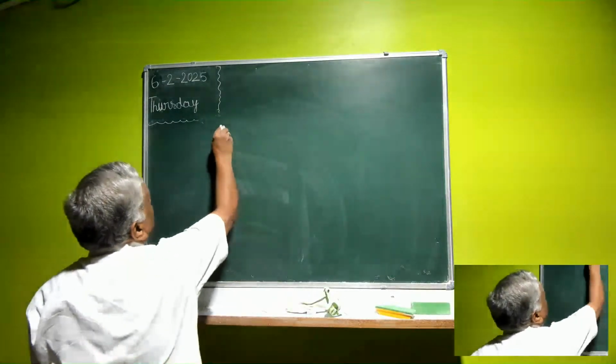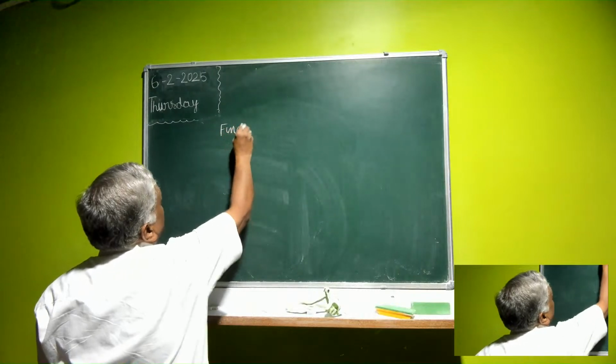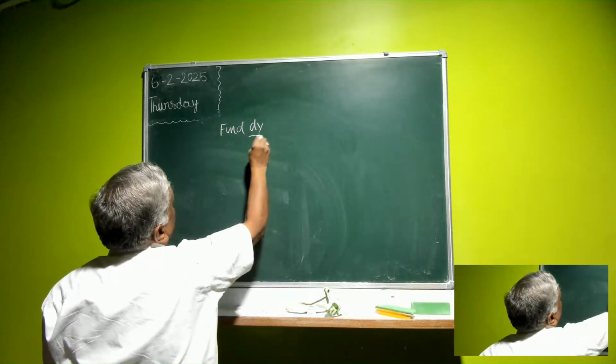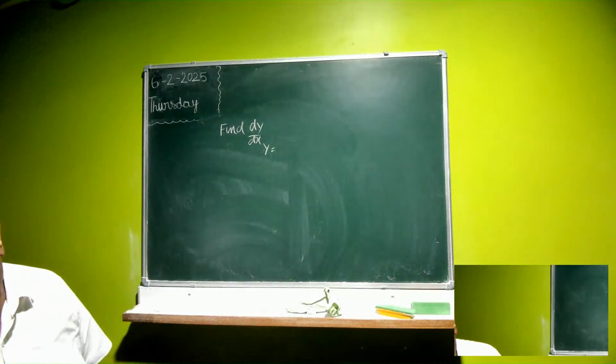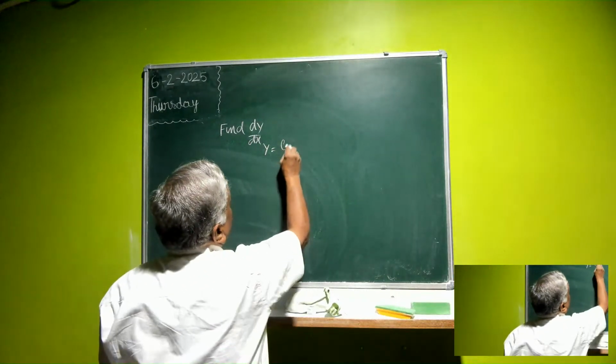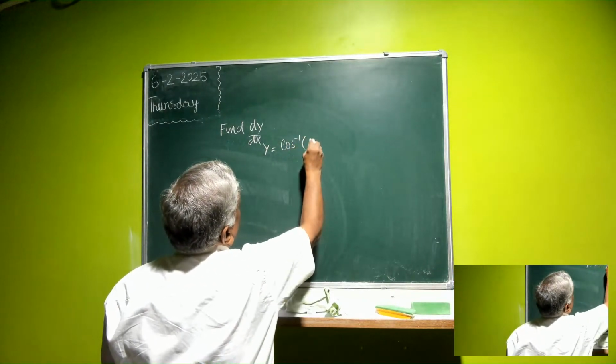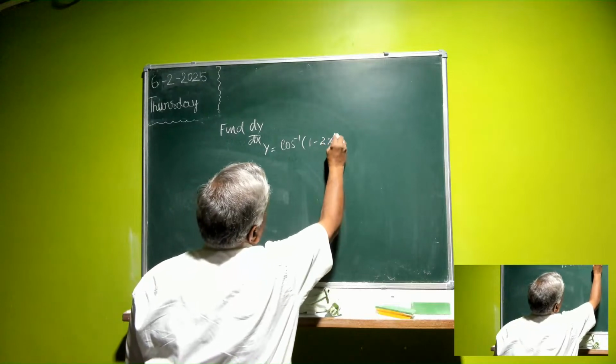Find dy by dx, where y is equal to cos inverse of 1 minus 2x square.